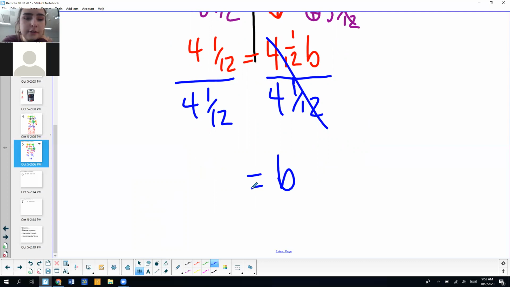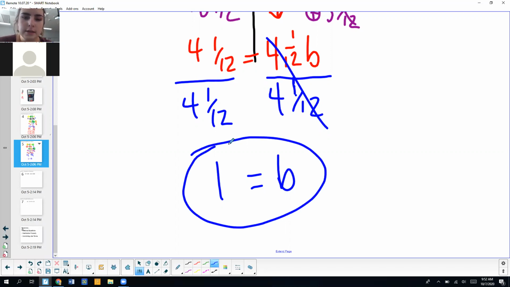Without entering this in our calculator, I know when I have a number divided by itself, it's just going to give me 1. However, I am going to enter it in the calculator just to make sure I know how to use it nice and easy. 4 ABC 1 ABC 12 divided by 4 ABC 1 ABC 12. And that's going to give me 1. So B equals 1 is our answer.